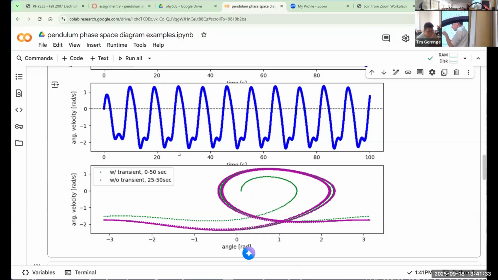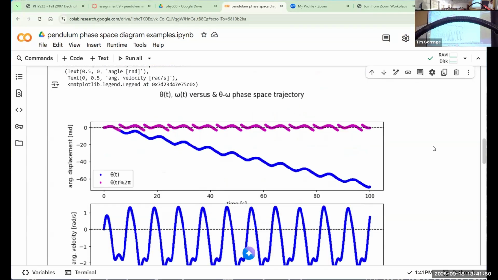I think I did 0.705 for the driving frequency in units of natural frequency. Now I'm doing 0.695, so 1.5%. And what's happened here? Well, we've still got a lot of the effects that we had last time.